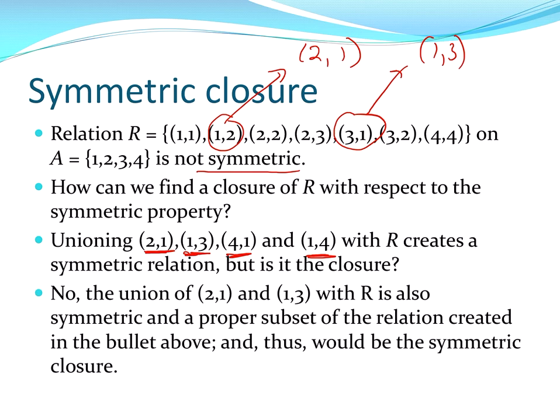And no, it is not, because we frivolously or without cause added in these other elements. We maintain symmetry, but it's not the smallest relation that is symmetric and contains R. So the union of (2, 1) and (1, 3) with R is also symmetric. It's a proper subset of the one we just created, and it would be the symmetric closure of R.